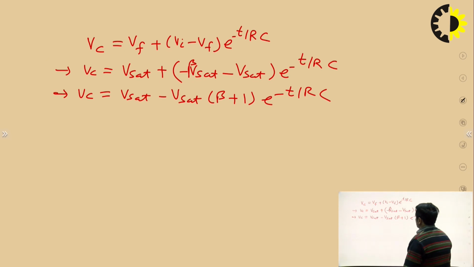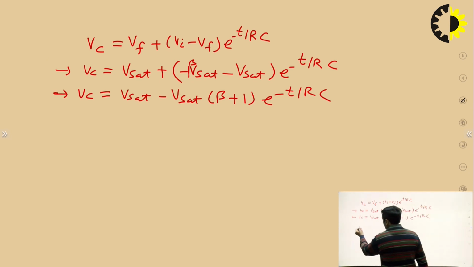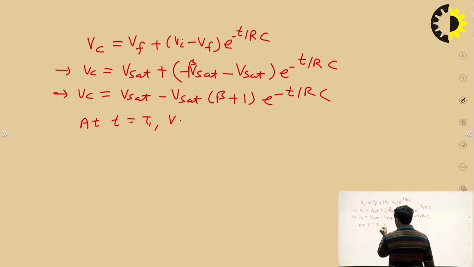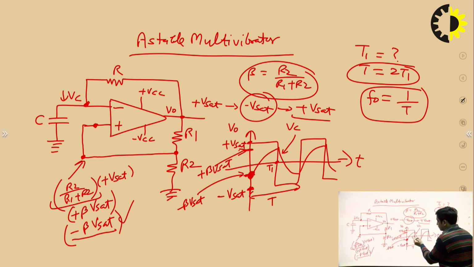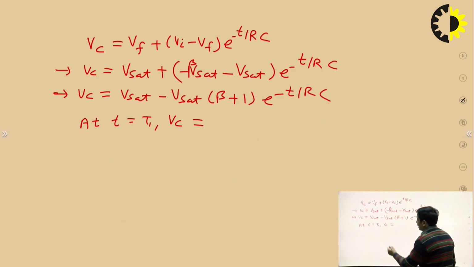Now see, at time t equal to t1, what is the value of Vc? Just see the waveform. At time t equal to t1, the capacitor voltage is plus beta V set.